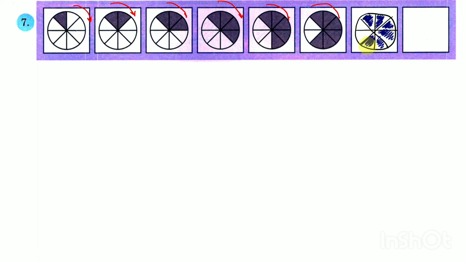So our next triangle will be this. So in the next figure, the only left portion will be filled up. So the remaining one is also filled.